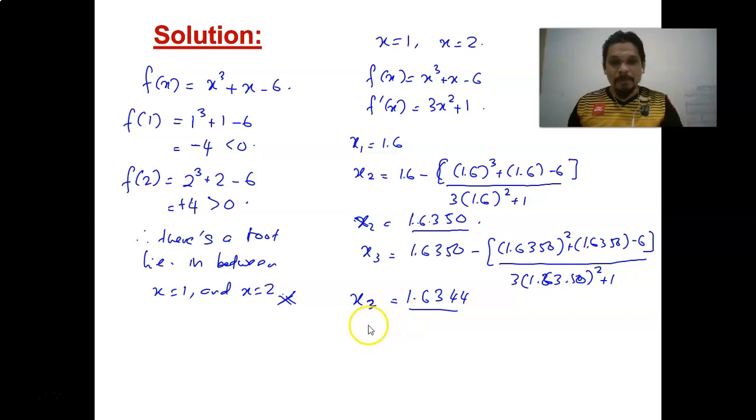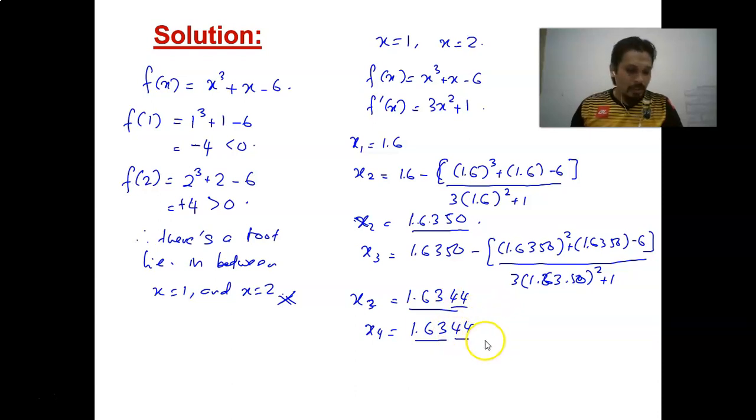So then for x4 again, you substitute the value here and it gives you 1.6344. You can form this in your calculator, then just substitute the value of x from one to another. So you can see here now 1.63, 1.63, 4 and 4, 4 and 4. So it is repeating here. Then we come up with the conclusion that the root is 1.63.